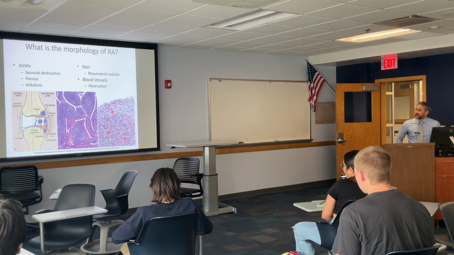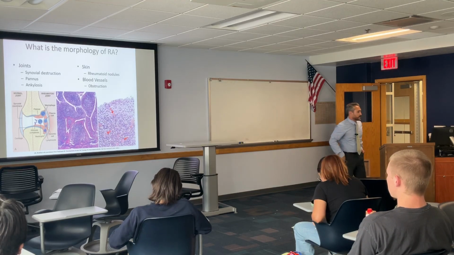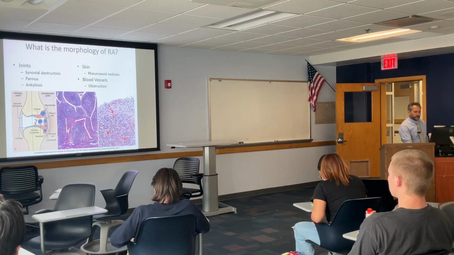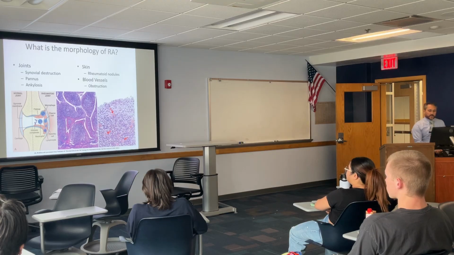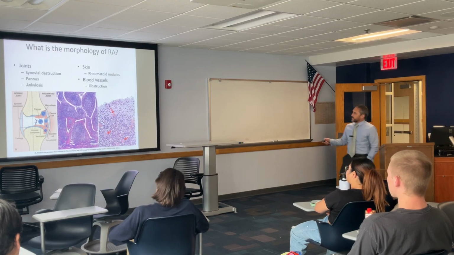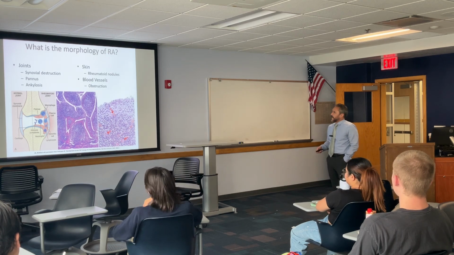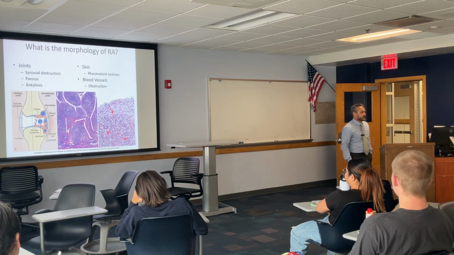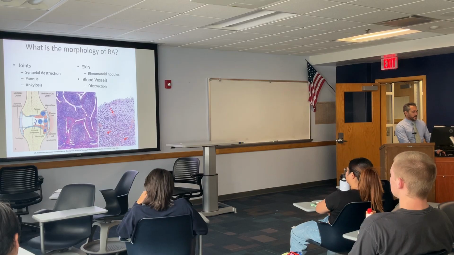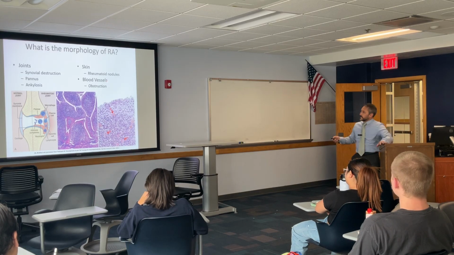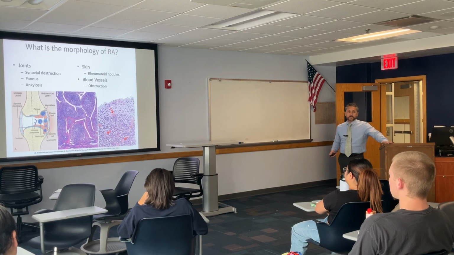So if it's in the skin, on the far right is a picture of skin lesions, and what you're seeing there are these little rheumatoid nodules. These rheumatoid nodules are highlighted by the red arrow, where you get collections of lymphocytes in the tissue. If this happens in the blood vessels, then you get obstructions, or what we referred to in the last lecture as vasculitis.